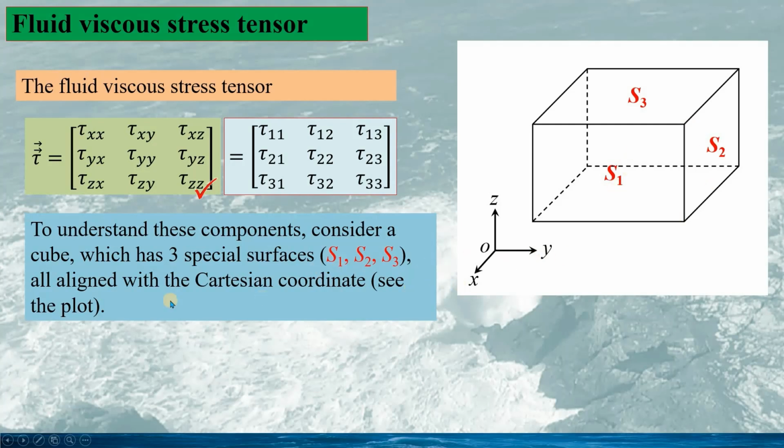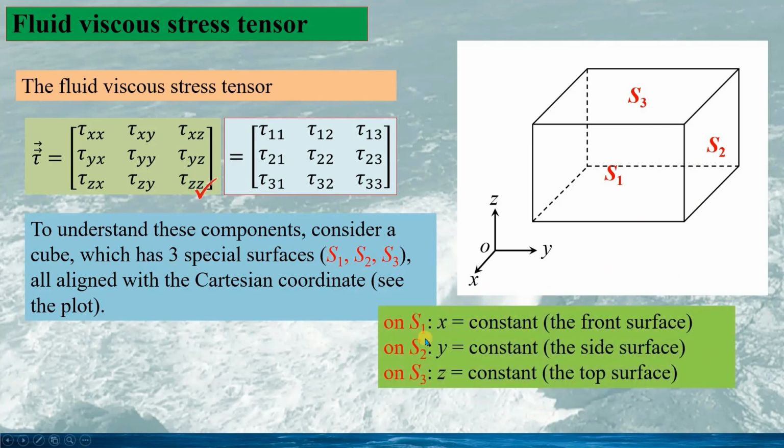All these surfaces are aligned with the Cartesian coordinates, see here. On the surface S1, x is a constant, the front surface. On S2, y is constant, the side surface. And on S3, z is constant, the top surface.